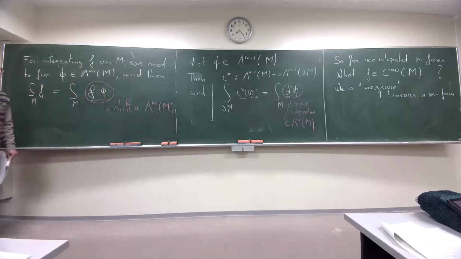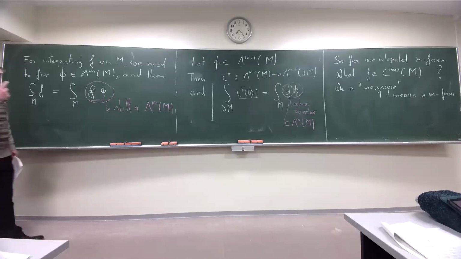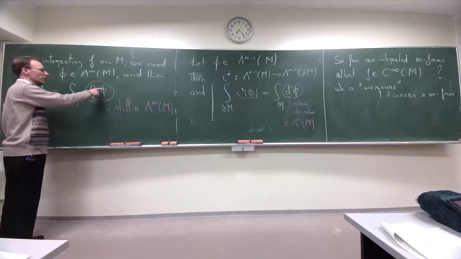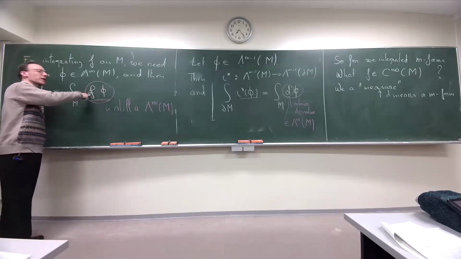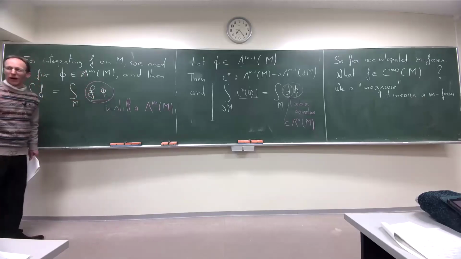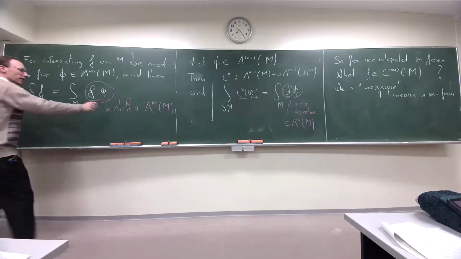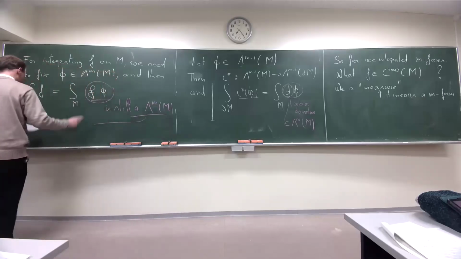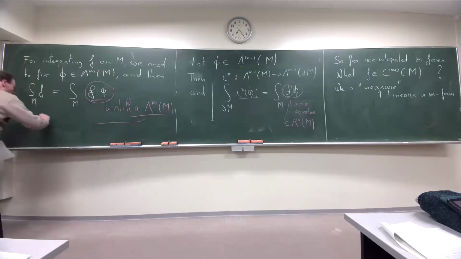What is a property which is hidden here? We have seen the notion of C infinity module. I mentioned it once. C infinity of M module means you can multiply on the left by a smooth function. So this is true.